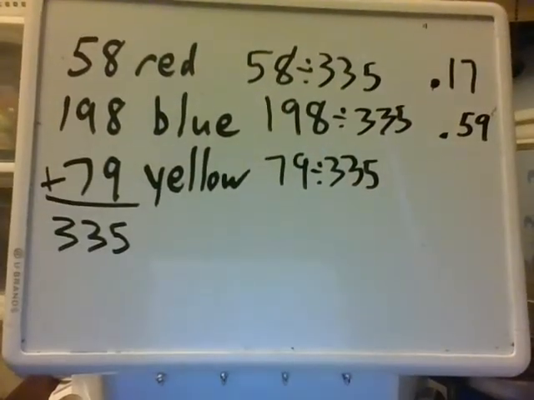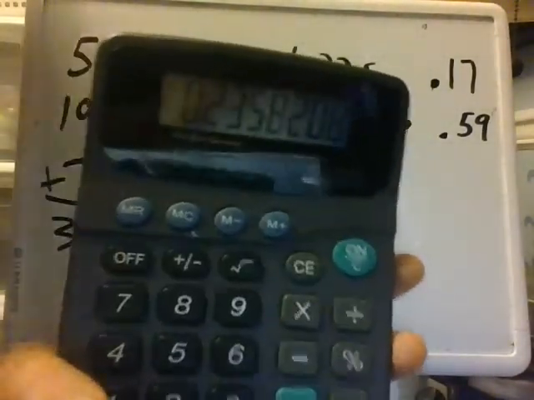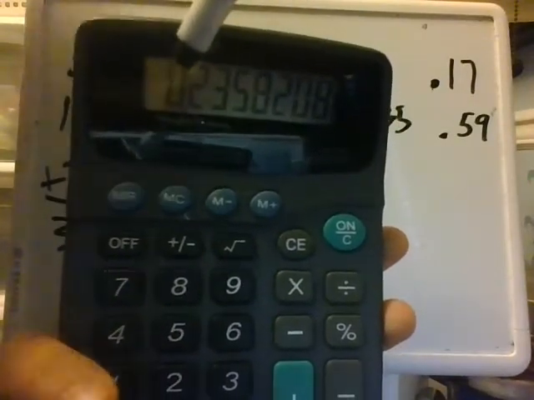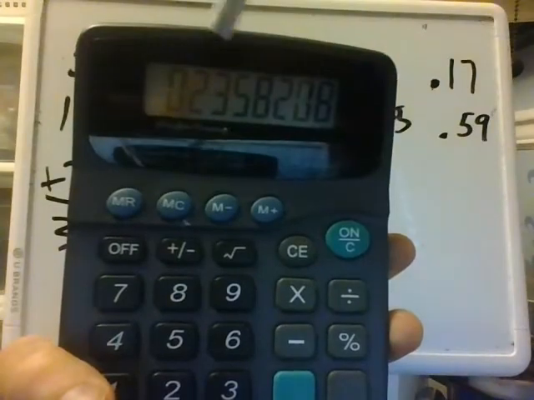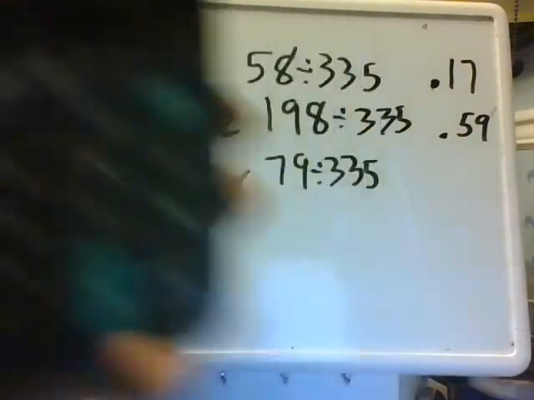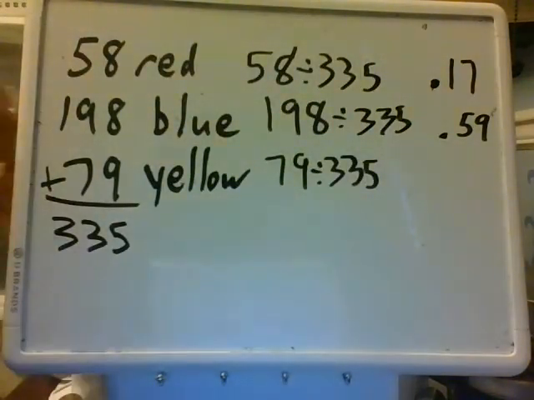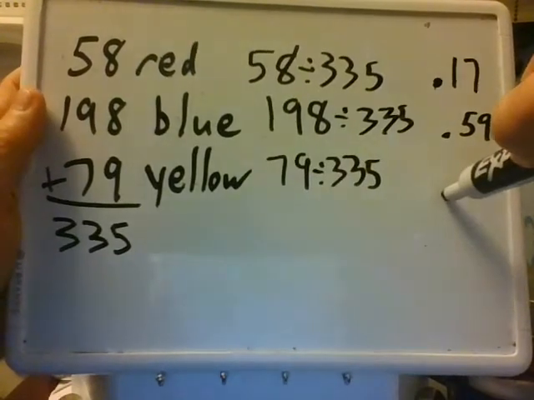And 79 divided by 335 comes up as 0.2358, so 0.23, but the 5 rounds the 3 up to a 4, so this is 0.24.